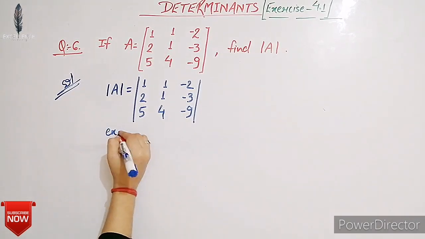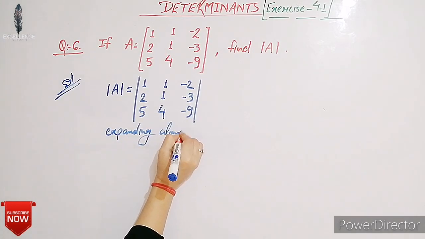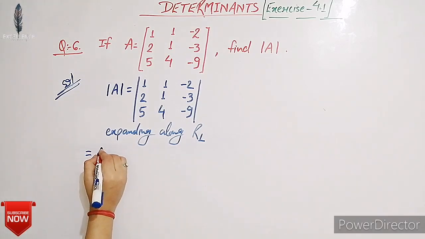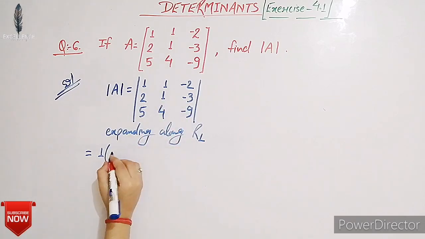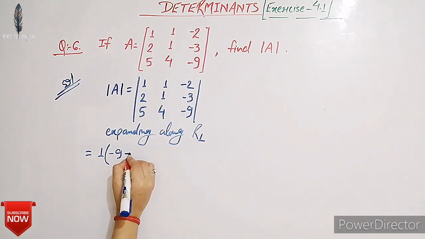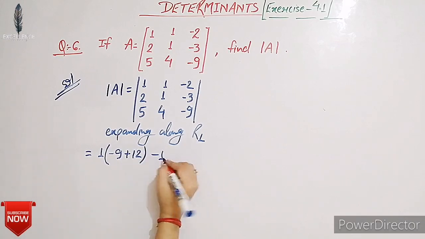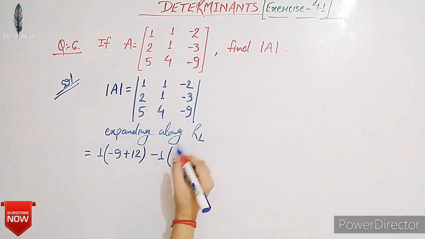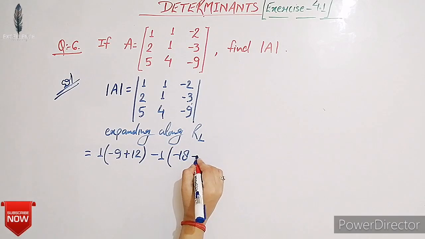So here, expanding along the first row, we get the first element 1 into minus 9, that is minus 9, minus 3 into 4, that is plus 12, minus 1 into, here 2 into minus 9, minus 18, and minus plus 3 into 5, 15.